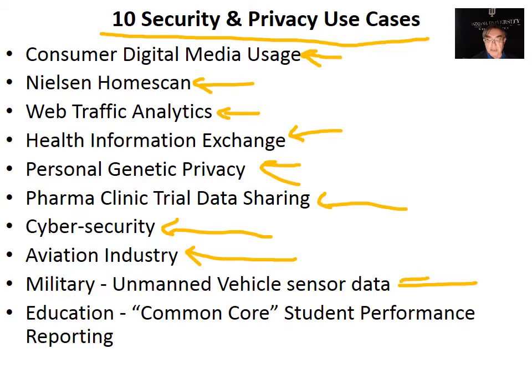The unmanned sensor data is growing in importance as we have more and more unmanned vehicles flying with greater and greater capabilities. And then in education, we have a lot of important work to be done understanding performance data, but that work has to respect the privacy.